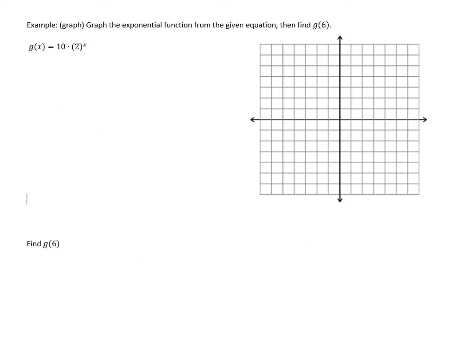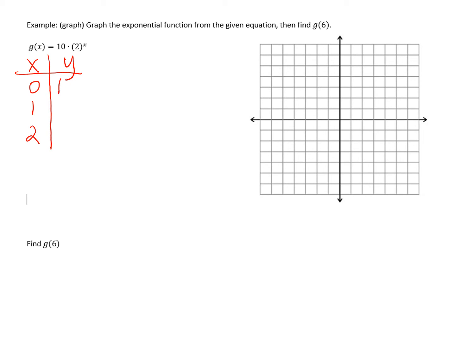All right, so here's another one. This one is 10 times 2 to the x, and then later on I'm going to ask you to find g of 6. So again, we'll just start with our handy dandy table. So I can start with my 0, 1, 2.